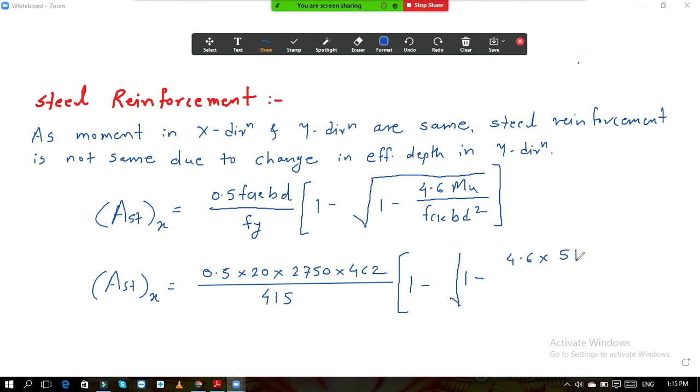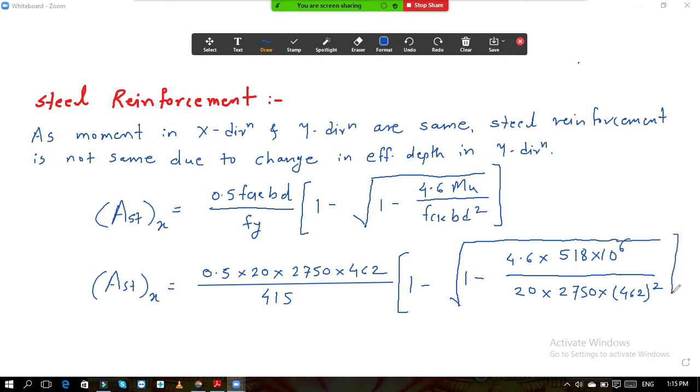It is 518 point something. 518 into 10 to the power 6, whole divided by FCK BD square, 20 into 2750 into D square, 462 square. Okay, the bracket is complete over here.